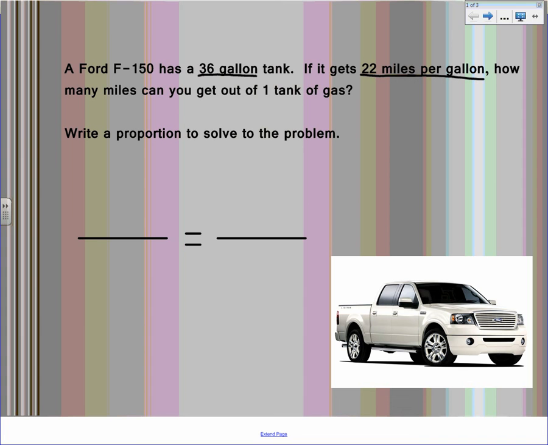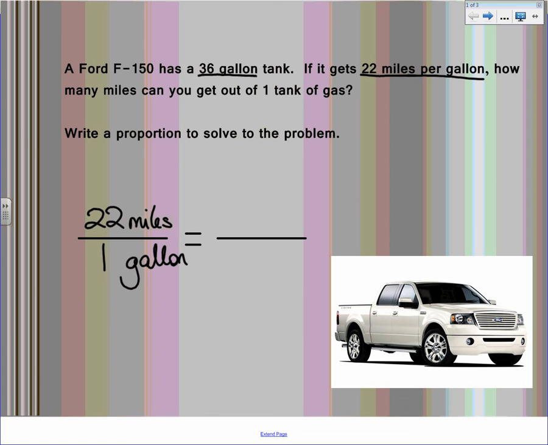So I want to know how many 1 tank gets me. Okay, so what can I do? Well, I know that 22 miles per gallon is 1 ratio, 22 to 1. So 22 miles per every 1 gallon.